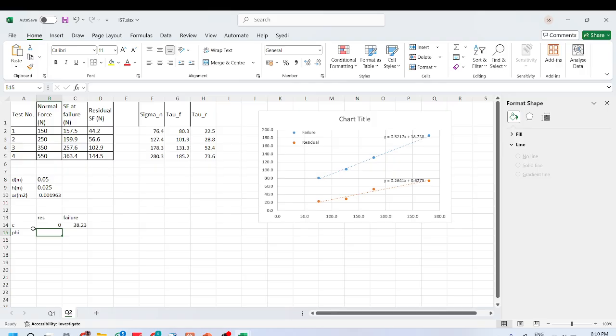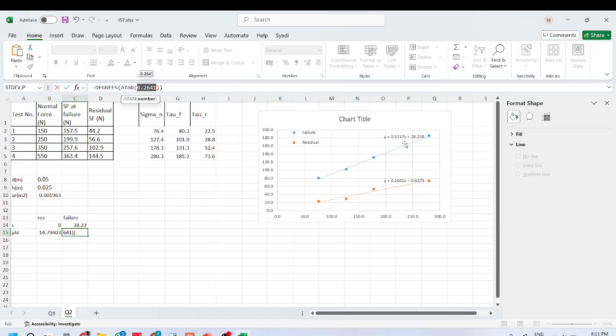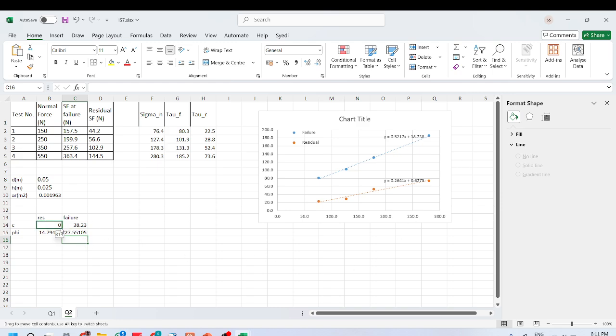Phi is 0.641, about 15 degrees. Here it is 57 degrees.